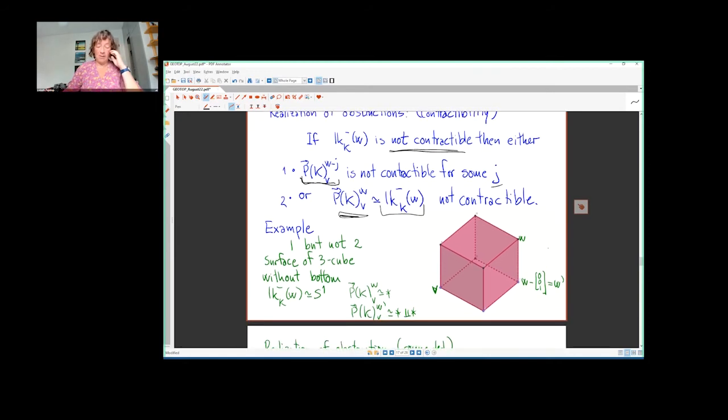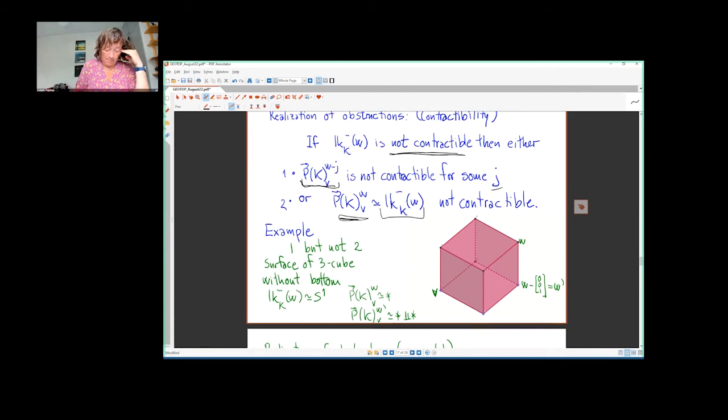Now it's the surface of the cube, and be careful, I've taken out the bottom of this thing. So the path link here is an S1, because it's the surface of the cube, so it goes around like this. So that's the edges of the two simplex, or an S1.